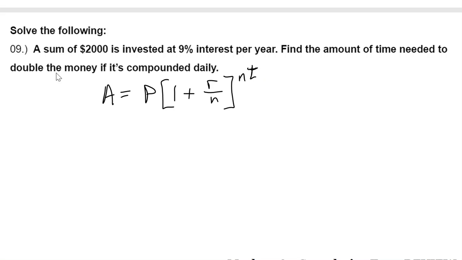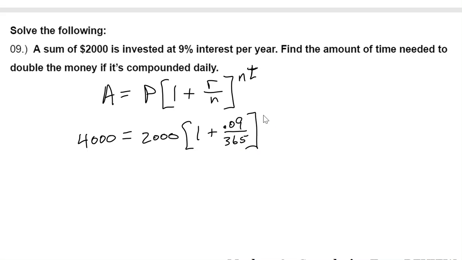Now, you want to find out if it's compounded daily, how long will it take to double? Well, your principal was 2,000, and you want to find out how long it will take to reach 4,000. Your rate is 9%. You're doing this 365 times a year. And the only thing you really don't know is t.